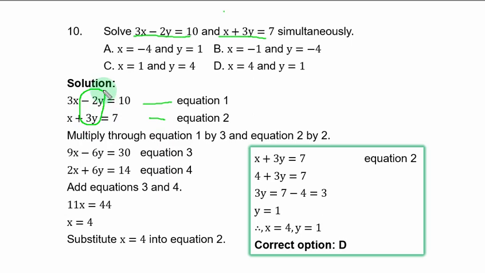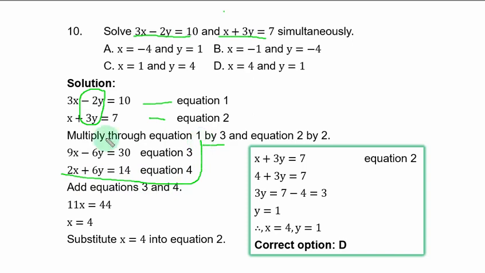Currently, the coefficients are 2 and 3. You have to make them to be the same. To achieve that, you find the LCM of the current coefficient 2 and 3, and that is 6. To achieve 6 from equation 1, you multiply through equation 1 by 3 and through equation 2 by 2, and that gives equation 3 and 4.